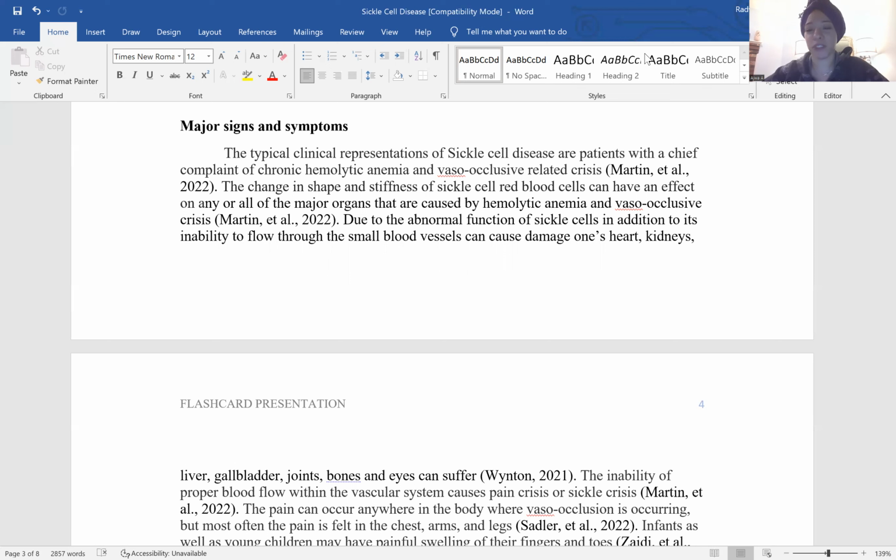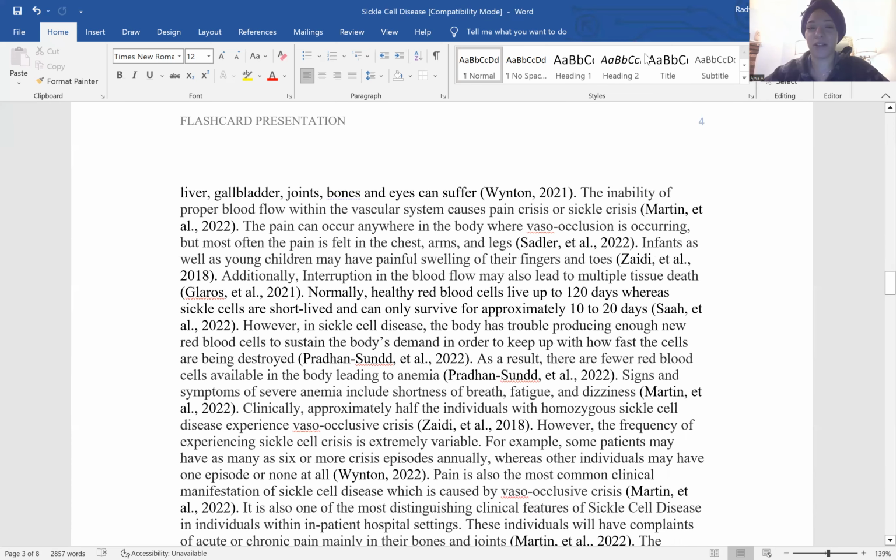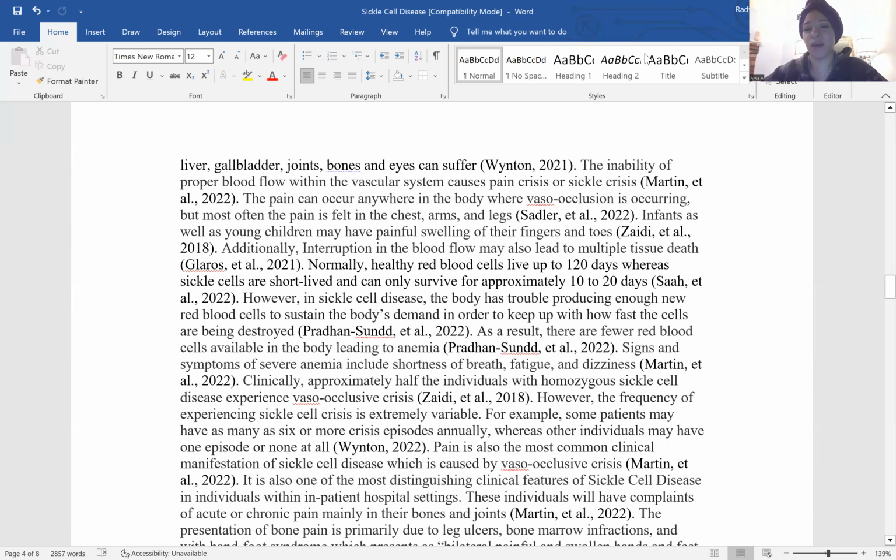Due to the abnormal function of the sickle cells, in addition to their inability to flow through small blood vessels, damage can be caused to one's heart, kidneys, liver, gallbladder, joints, bones, and eyes.